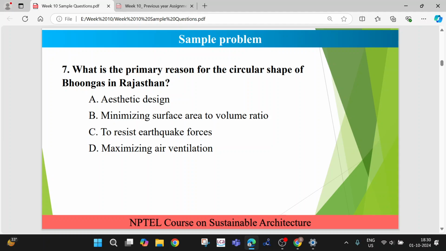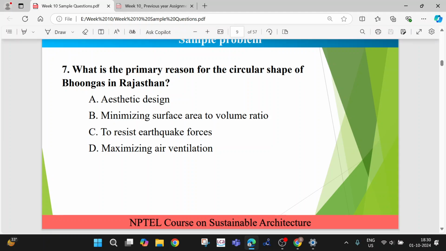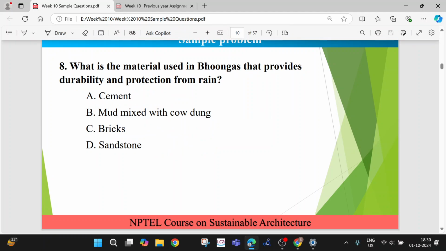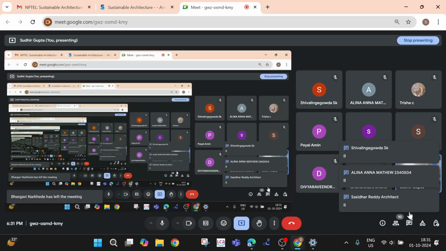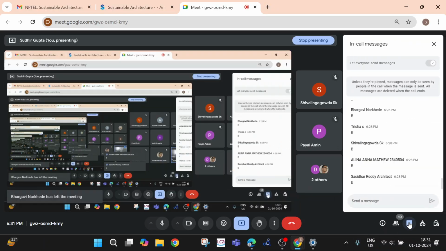Yes, sir. Okay, so here is the eighth question. What is the material used in the bungas that provide durability and protection from rain? I think all of you are giving the right answers today.